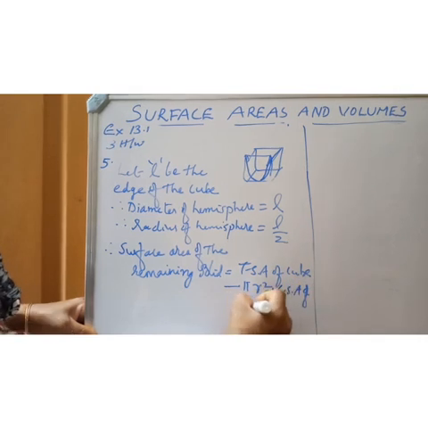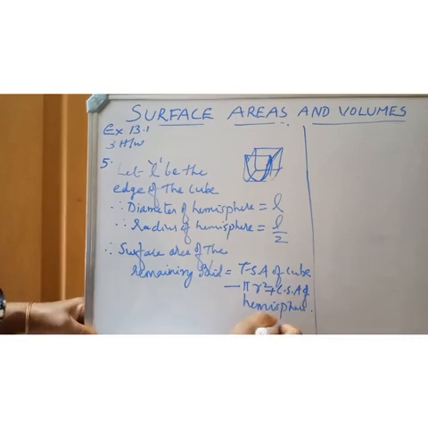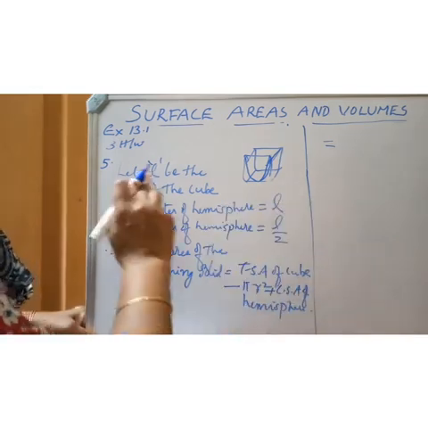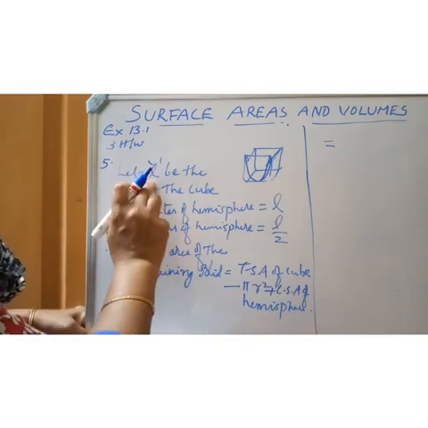The previous sum I explained, now the same procedure. So TSA of a cube, what is the formula? 6a square. Here a is L. The side is L.